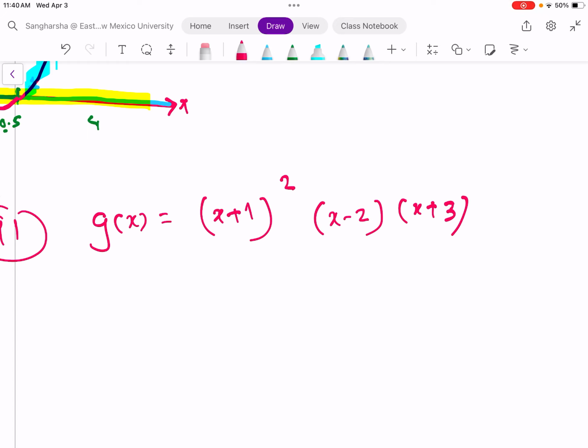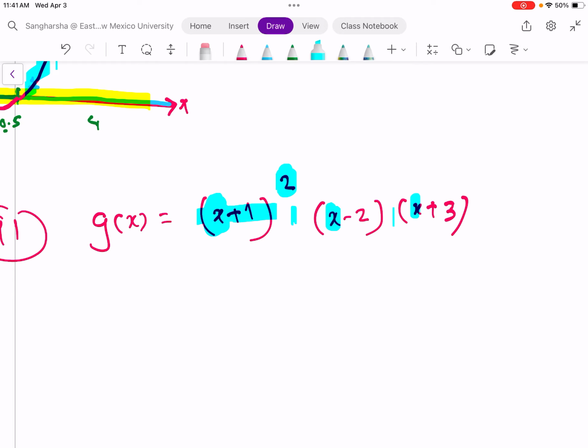So for that, you are not required to expand all of these, okay? What you're going to do is, we have a square here, right? So when we expand this expression, we get x squared. So we have x squared from here, multiplied by this x. So x squared times x is x cubed, multiplied by x. So x cubed times x is x to the power 4.